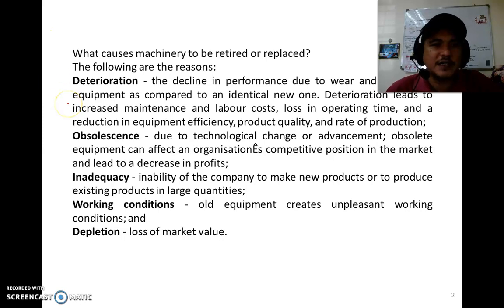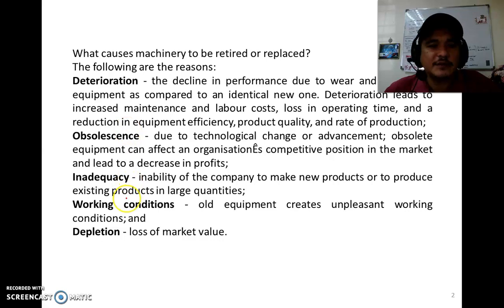Number 1 is deterioration, the decline in performance due to wear and tear, compared with other identical new equipment. Sometimes our machine is obsolete, due to technological change.